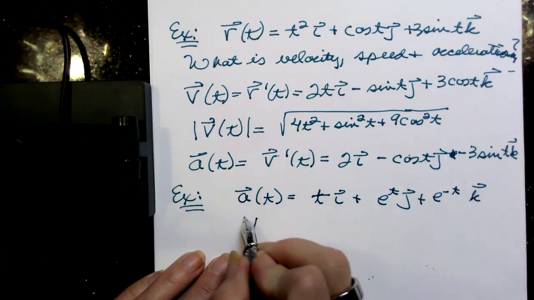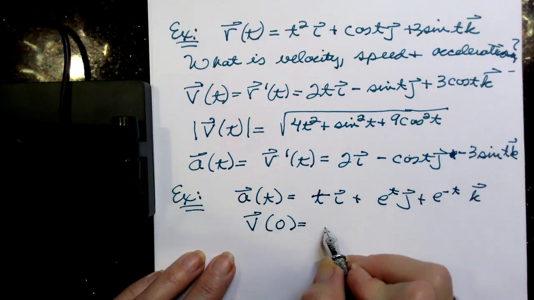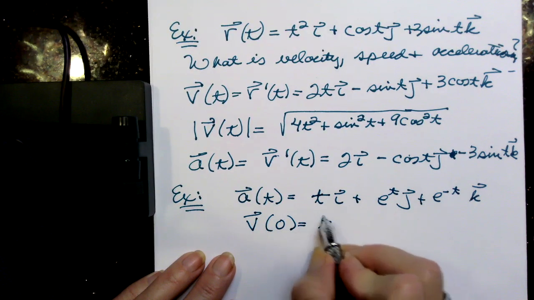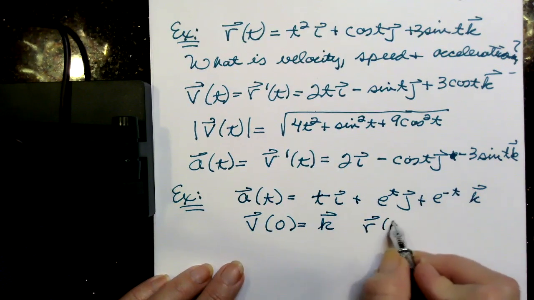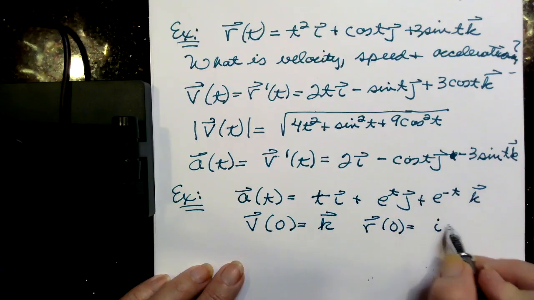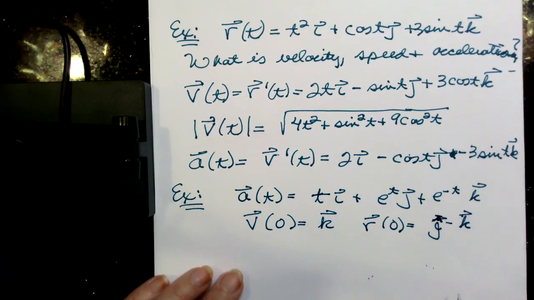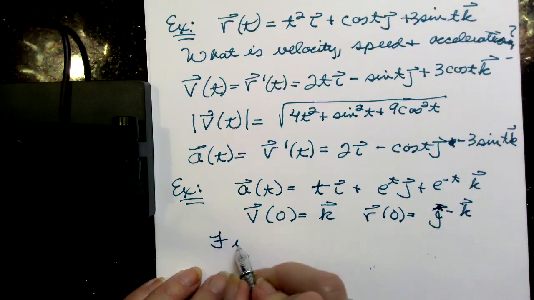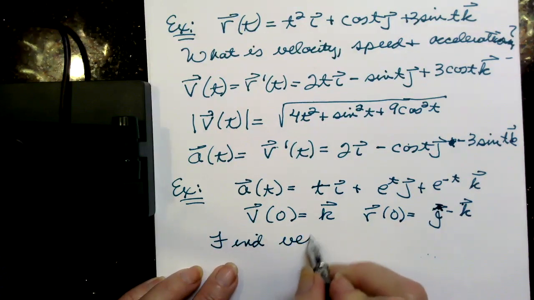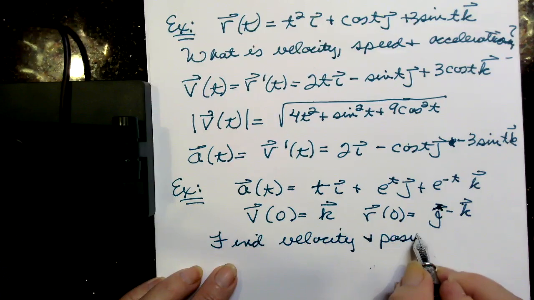And suppose I also tell you that the velocity at time 0 is k, and that the position at time 0 is j minus k. All right. And now I ask you to find the velocity and the position vectors.